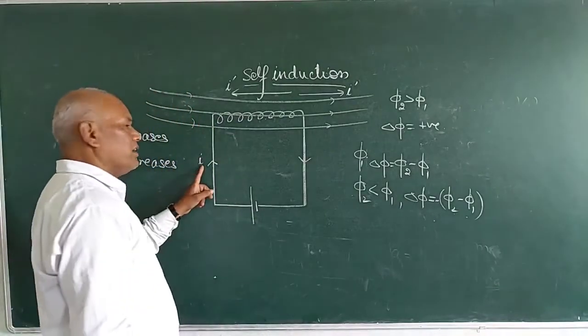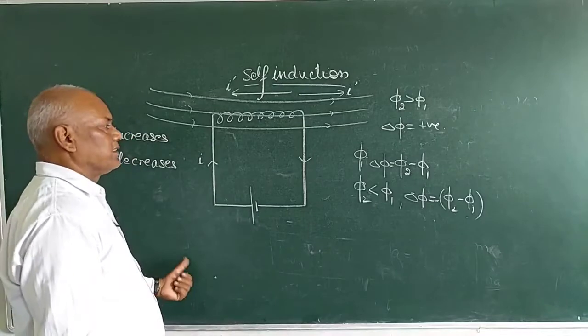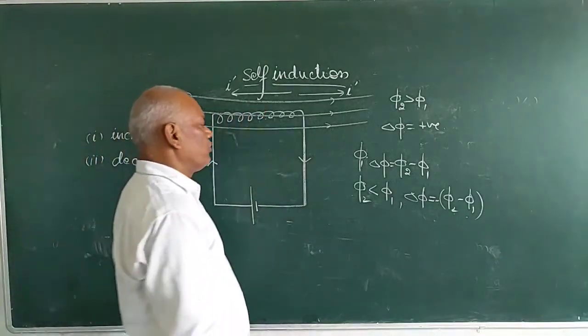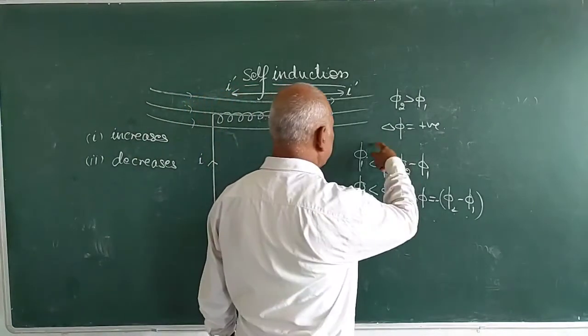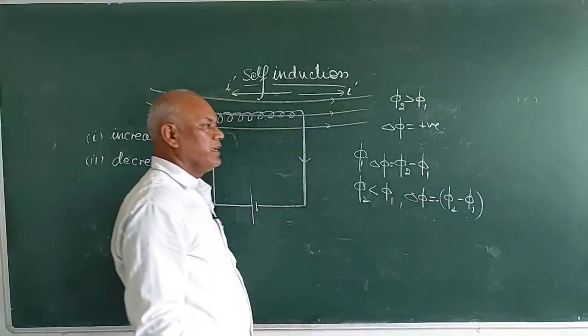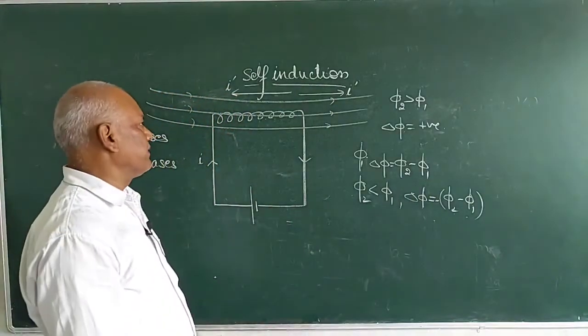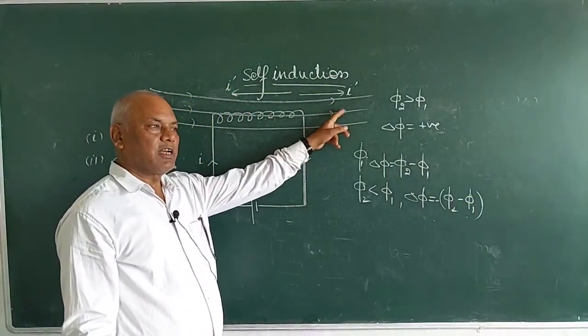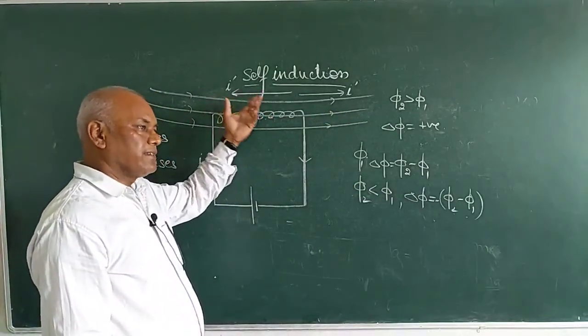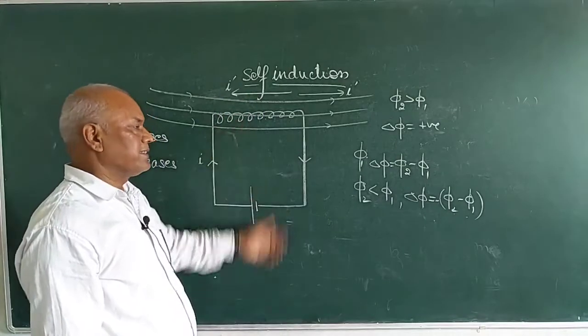Similarly, if the main current suddenly decreases, then the magnetic field lines also decrease, and therefore phi 2 becomes less than phi 1. So in this case, delta phi becomes negative, and this negative sign indicates that the direction of the induced current will be just reverse to the direction of the induced current in the previous case.